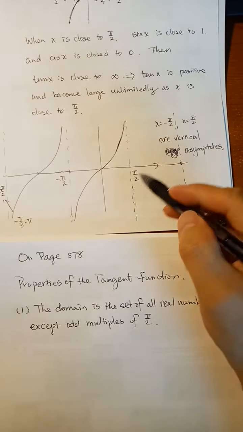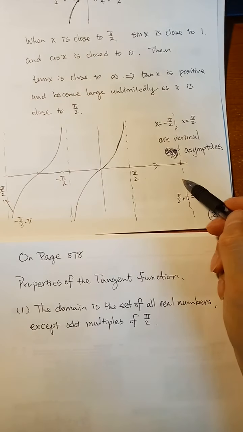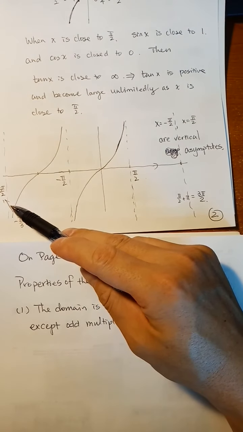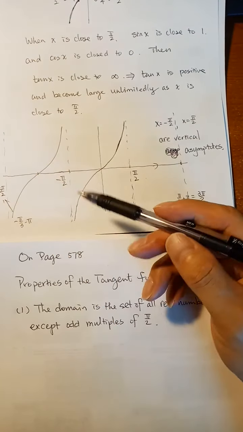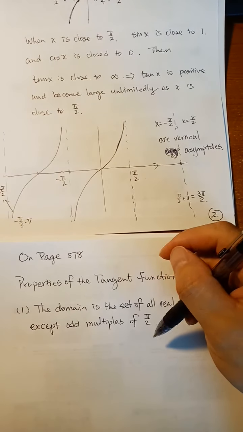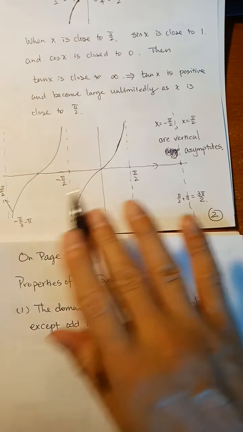Odd multiples: one time pi over 2, 3 times pi over 2, -1 times pi over 2, -3 times pi over 2. So only odd multiples of pi over 2. And here this odd means it can be positive odd or negative odd. Okay, it can be positive or negative.